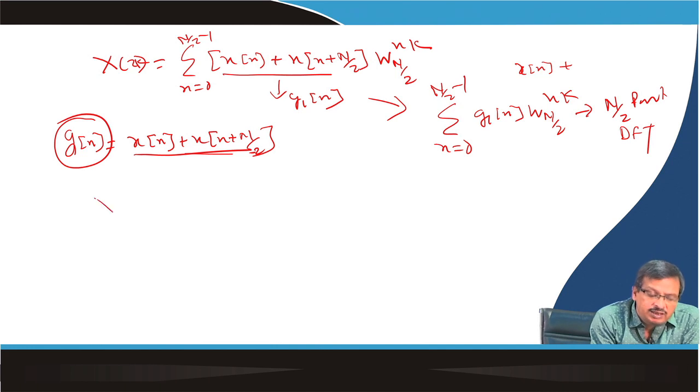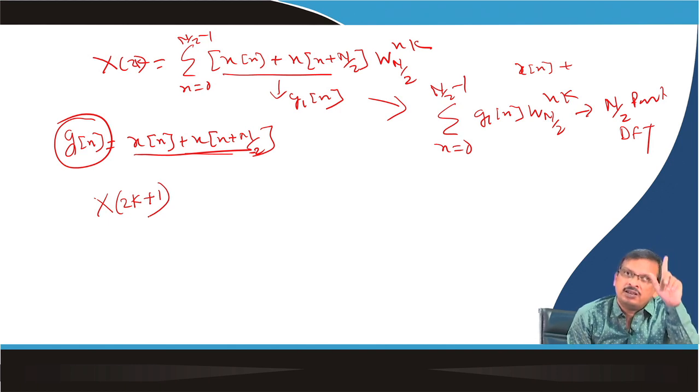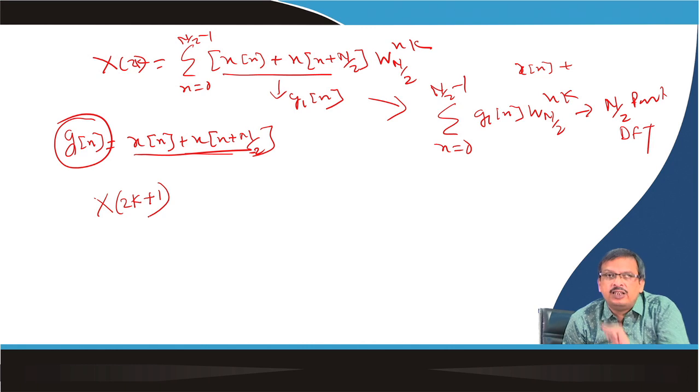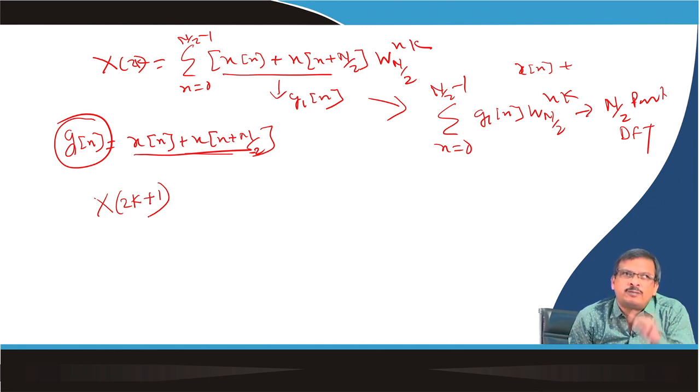Now, when the index is odd, 2k plus 1. So, for the odd index of frequency, as opposed to the even index of the frequency. So, what is the odd index of the frequency?